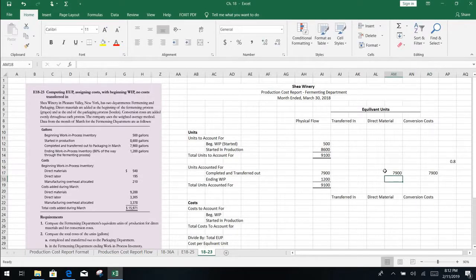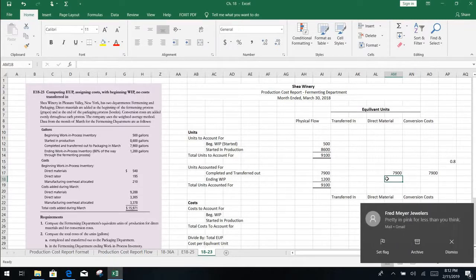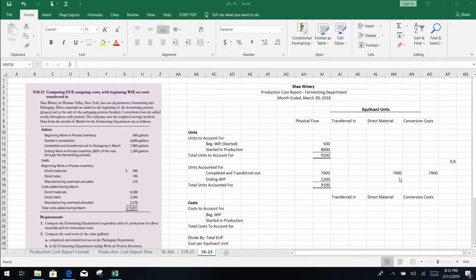Okay, now what about those 1,200 that are still with us, that ending work in process? They're still in our factory, they're still being processed, so we have to assign some values to that. So how much of that 1,200 is finished for direct materials? Well, for simplicity's sake, all of our problems are complete 100%, so 1,200 will be the value.